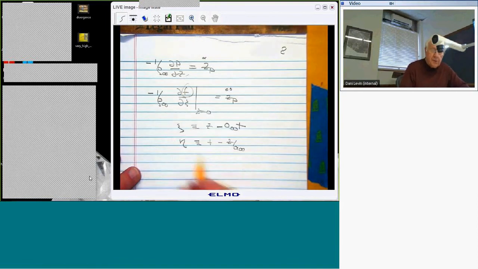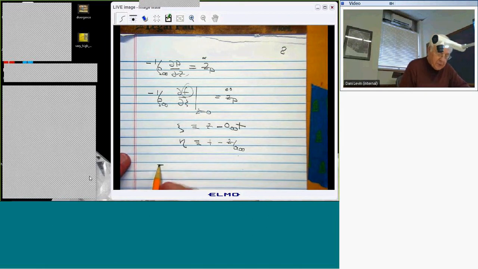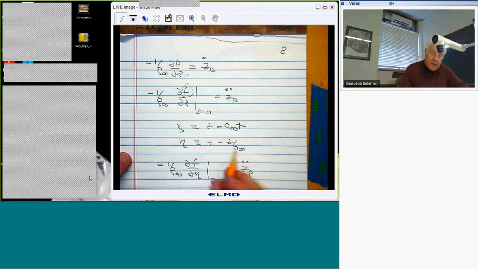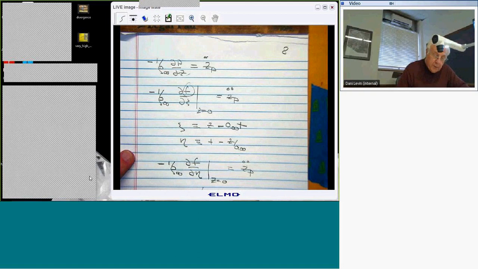Then I would have minus 1 over rho infinity df d eta at z equals 0 equals z p double dot. If I differentiate with respect to z, I get a minus 1 over a infinity times f prime, where prime is derivative with respect to eta, equals z p double dot.